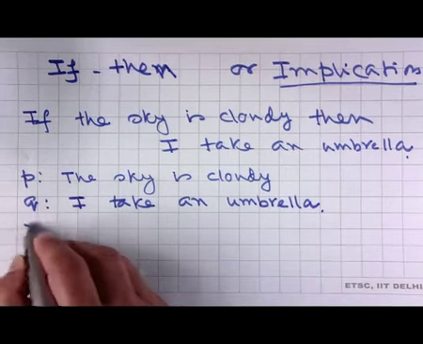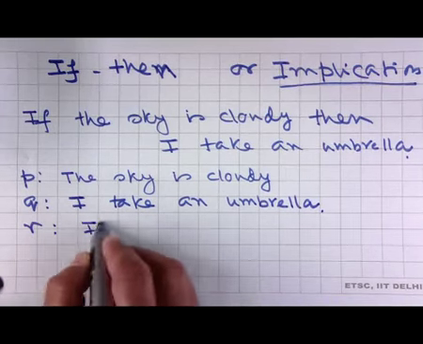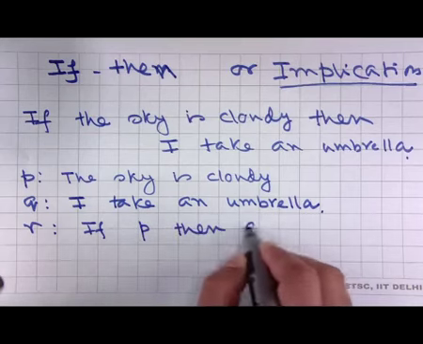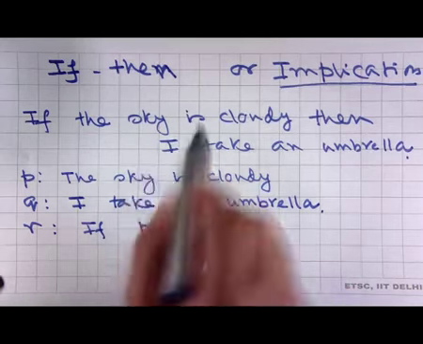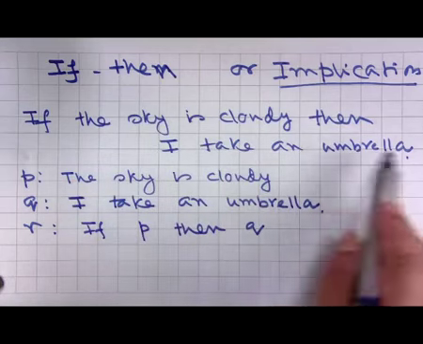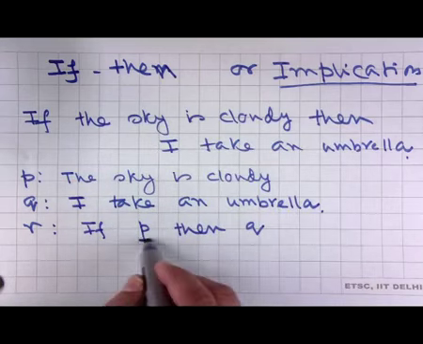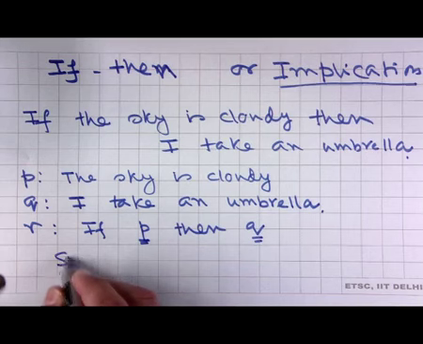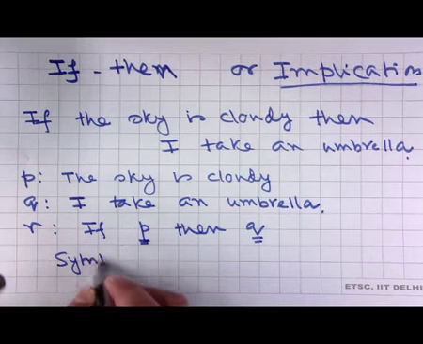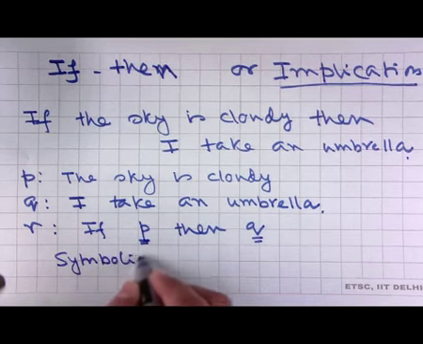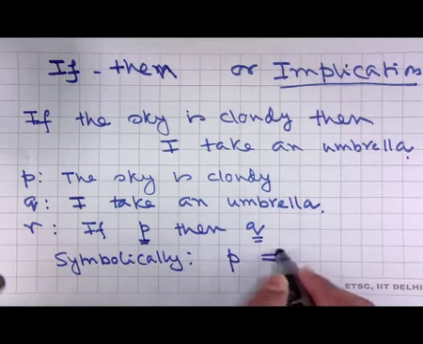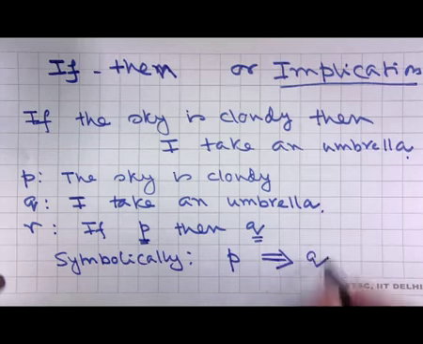Let R be if P then Q. That is, if the sky is cloudy, then I take an umbrella. Therefore, if P then Q, or symbolically, P implies Q.